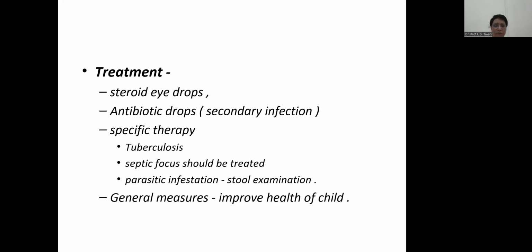For example, tuberculosis, if it is present, needs to be addressed. Septic focus can occur, which should be treated. There can be a parasitic infestation, so just do a stool examination and take appropriate measures. Treat the parasitic or worm infestation. General measures to improve the health of the child should be adopted.